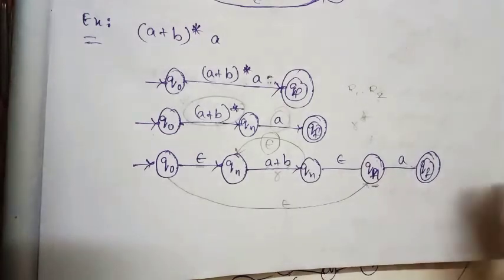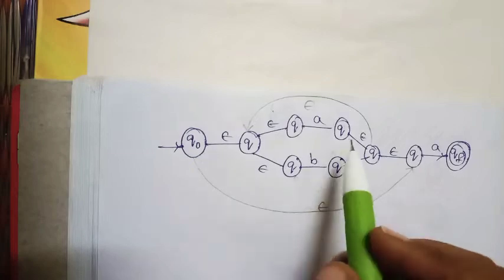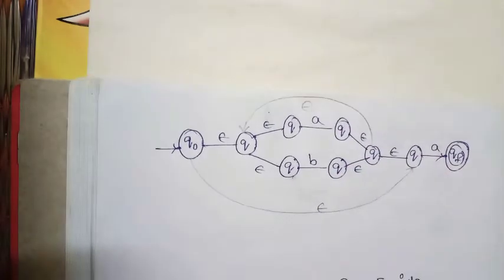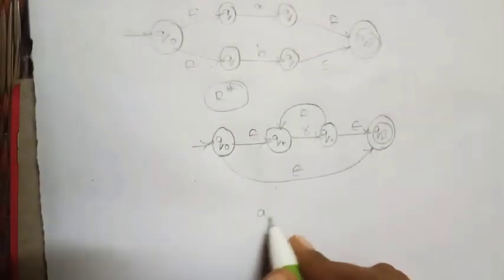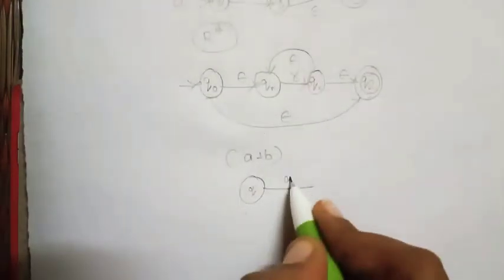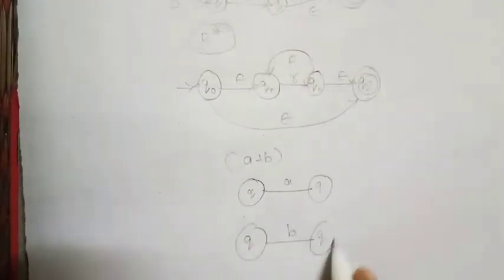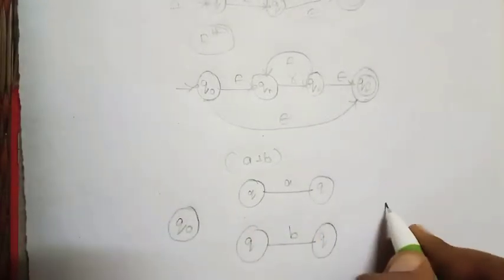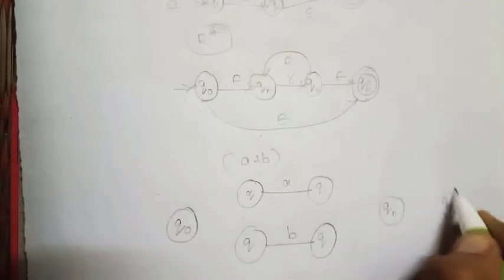And see guys, next step. Then here we have A plus B. First of all write that, guys. A plus B means how we need to represent A plus B. Just taking like this, here A and here B. Then from initial state, and here we have a new state, and here the final state.